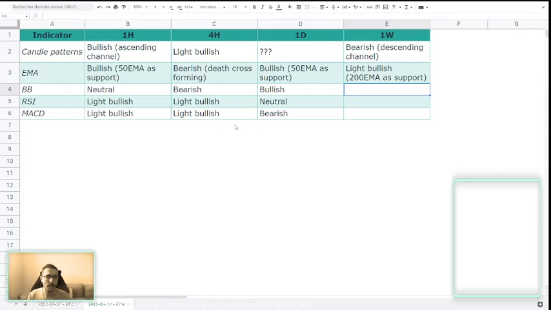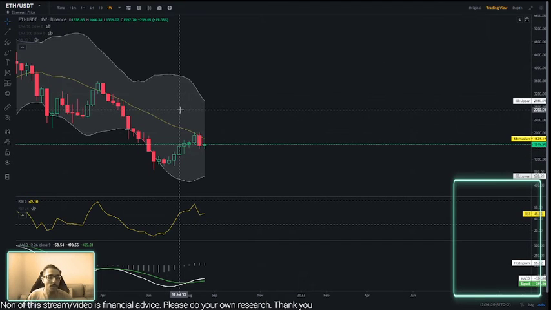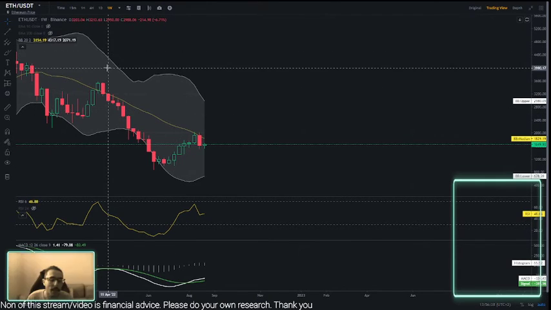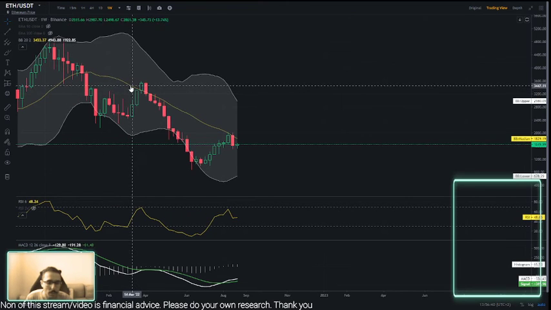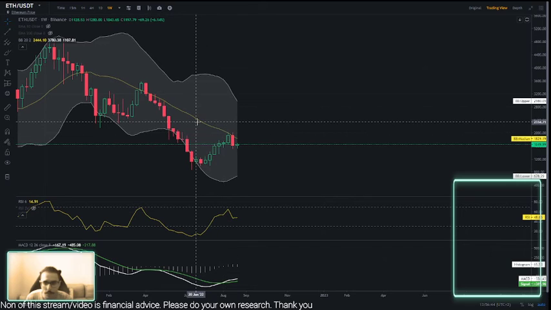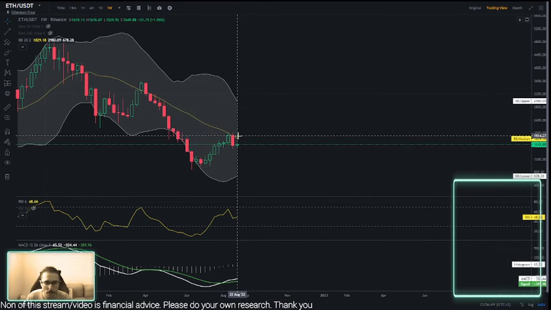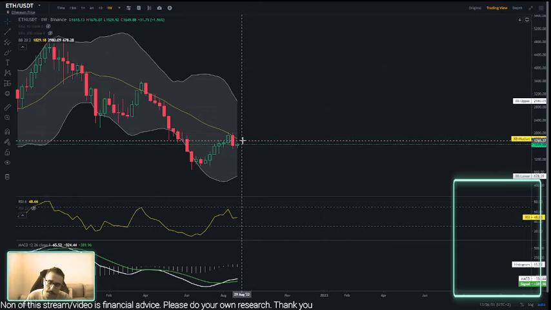Now the Bollinger Band. Let's show our Bollinger Bands here. So we definitely are in the middle of absolutely nowhere. It appears that in the last weeks, at least here and here, the median of the Bollinger Band has worked as some kind of resistance level.